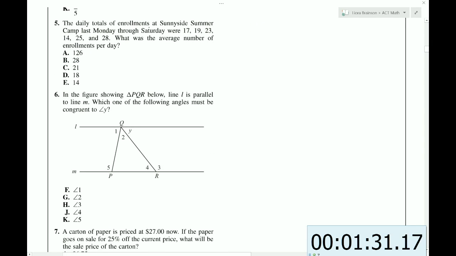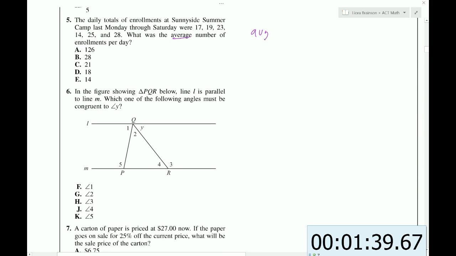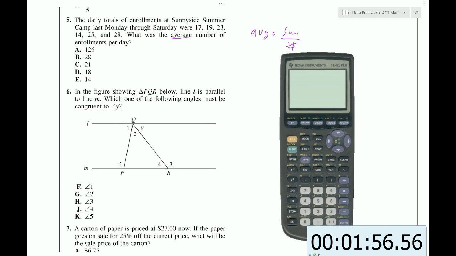The daily total of enrollments at Sunnyside Summer Camp last month through Saturday were this. What is the average? So the average formula is sum over number. So we have to add those up and divide by, looks like 6, right? So let me just get the calculator ready. Okay, here we go.